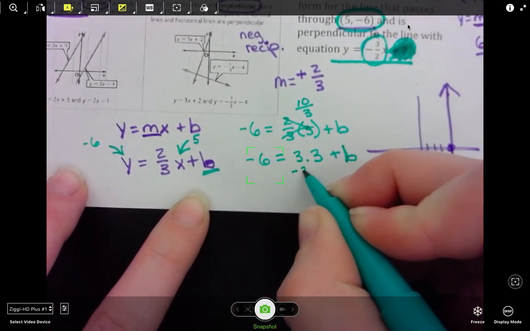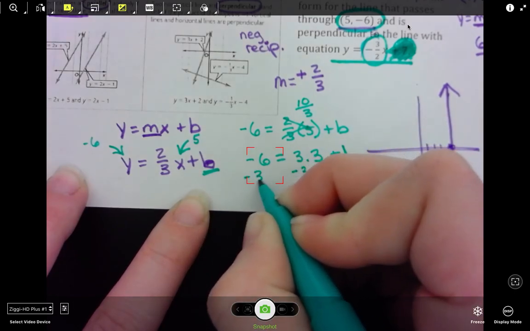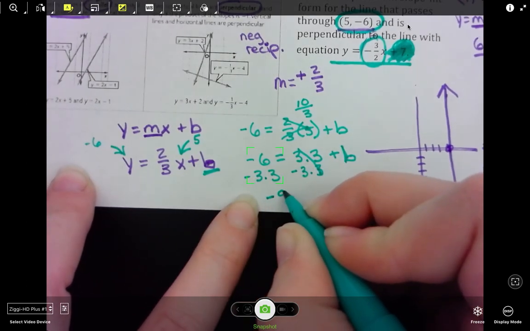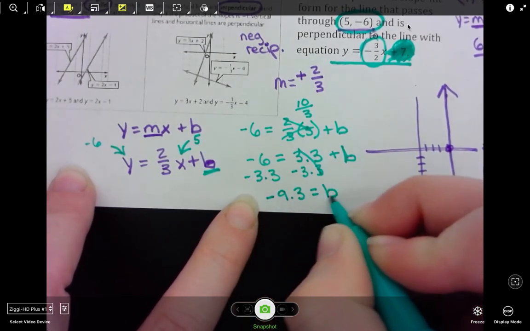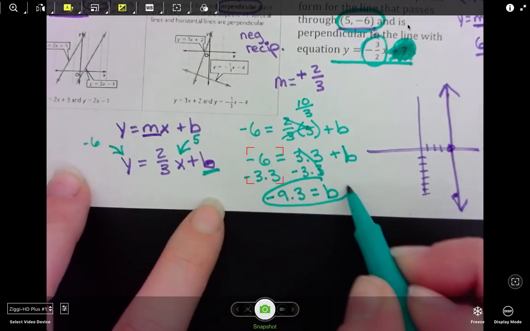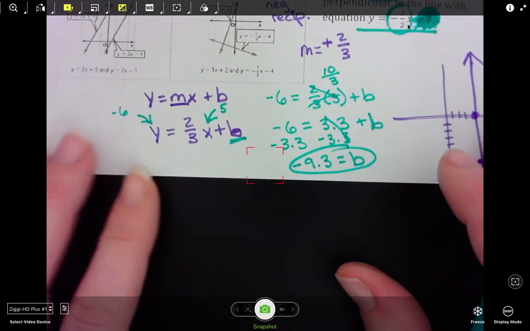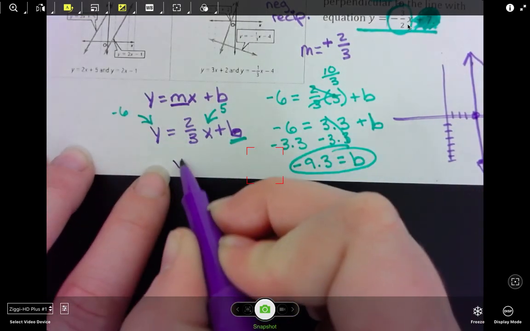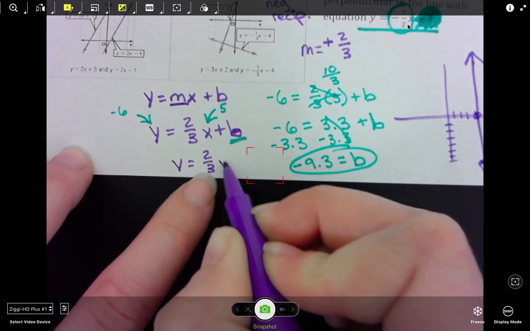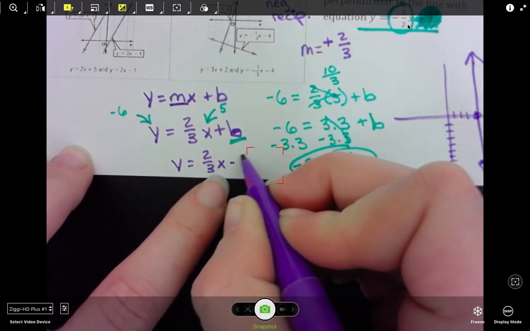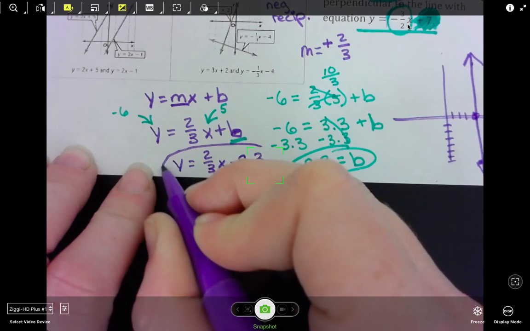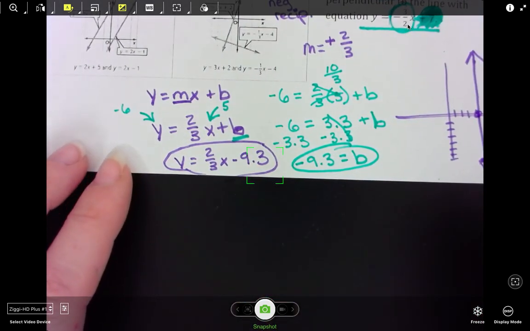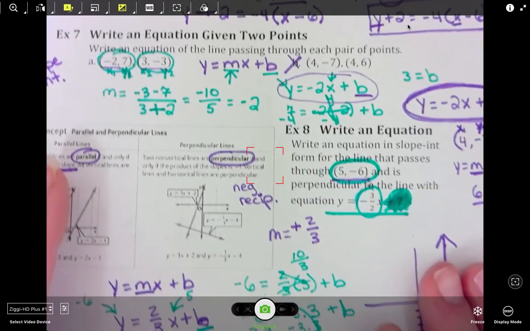If I subtract 3.3 from both sides, -6 minus 3.3 is -9.3. That's what b is. I have just solved for b. Now, I'm not done yet because I'm going to rewrite my equation. So I've got y equals 2/3 x, and b is -9.3, so I'm going to write it like that. Okay, just like that. All right, and that is section 1-4.